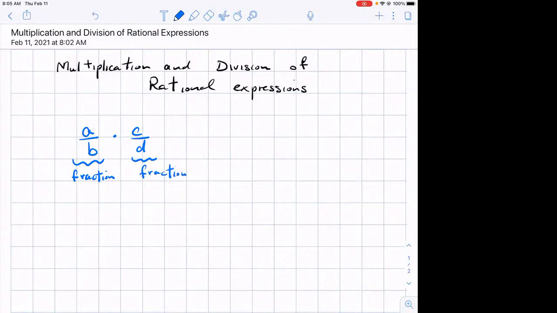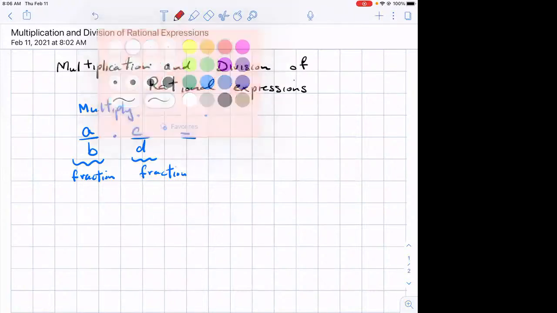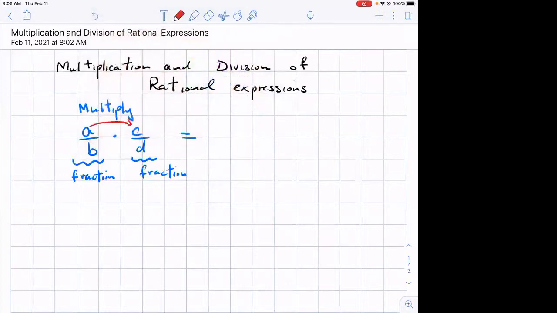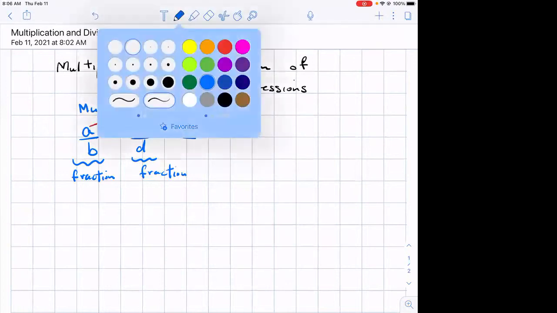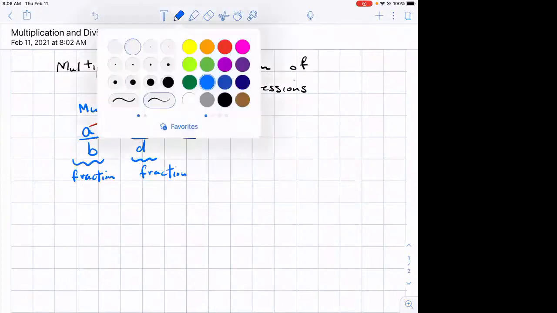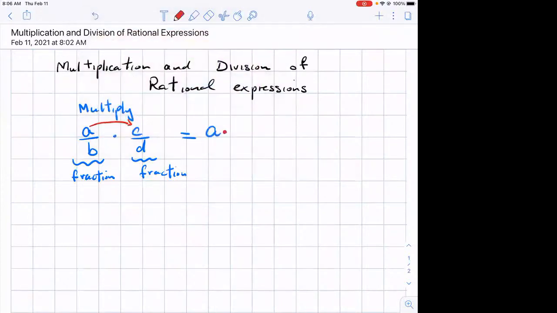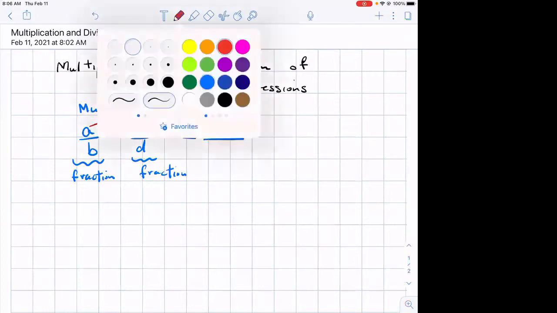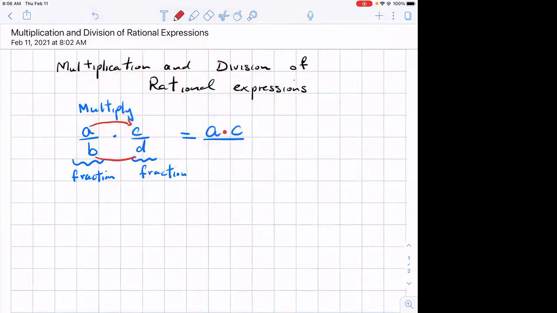And when we multiply, this is equal to A times C. We multiply the numerators, so A times C, divided by, we also multiply the denominators.